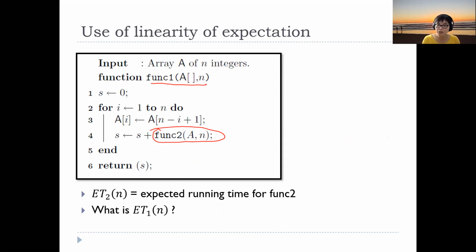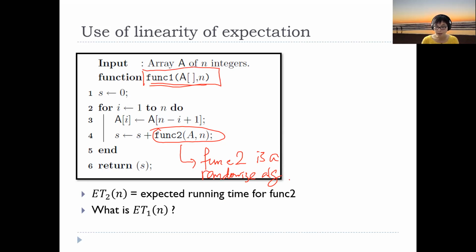Let's assume function 2 is randomized, namely inside function 2 I have randomness, say some random permutation or whatever.